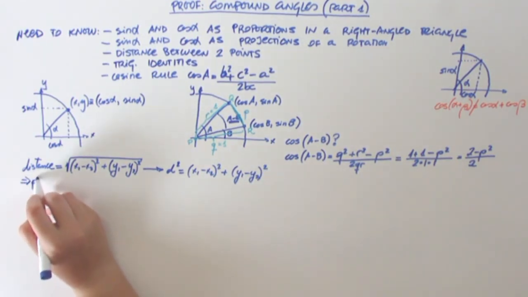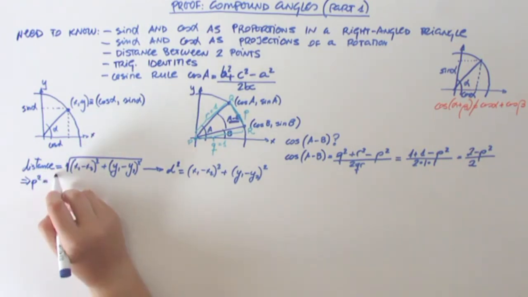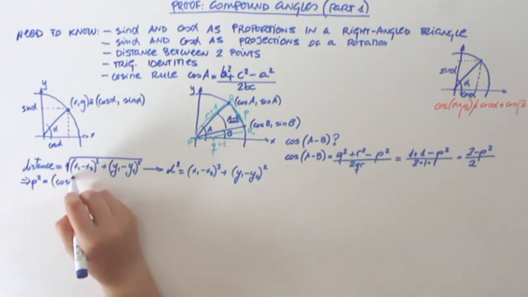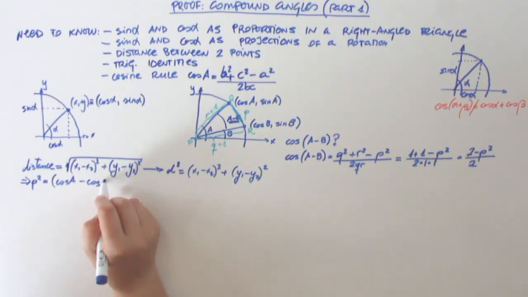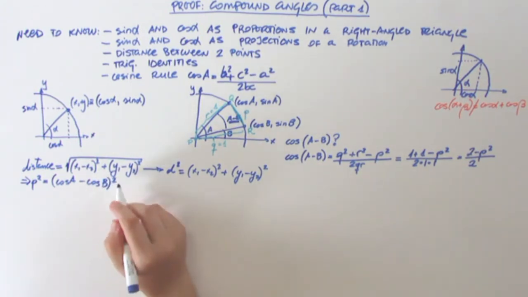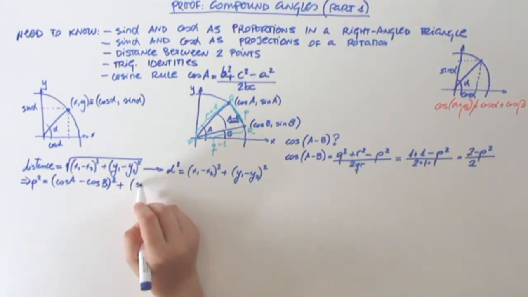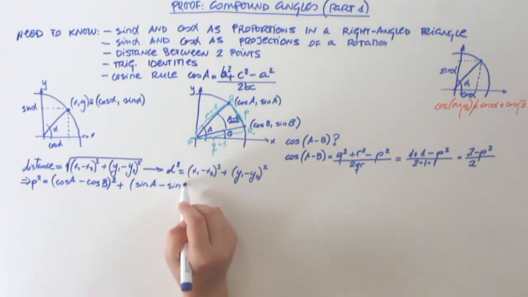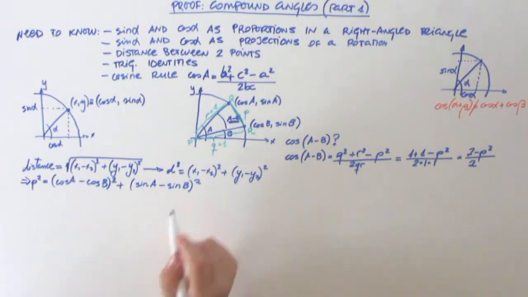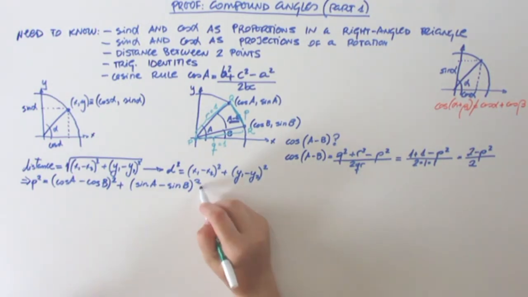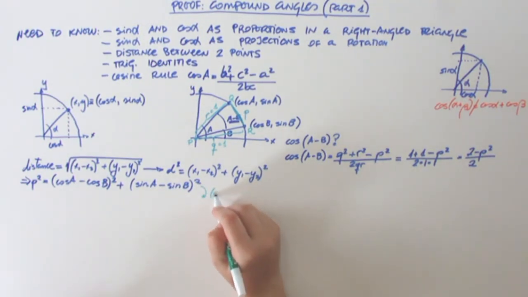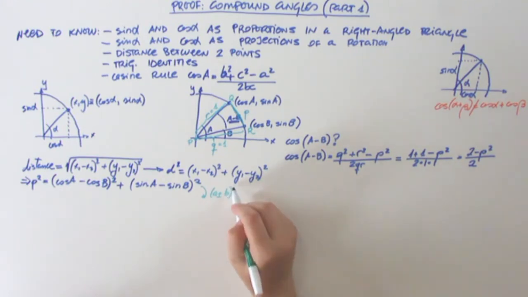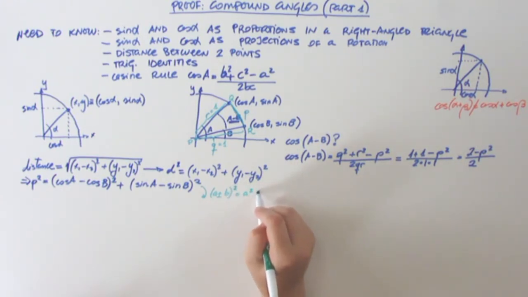Remember, we know these coordinates from our circumference, so I can substitute them here to actually get P squared. That would equal the cosine of A minus the cosine of B squared plus sine of A minus sine of B squared. And if I tidy it up, I need to expand.